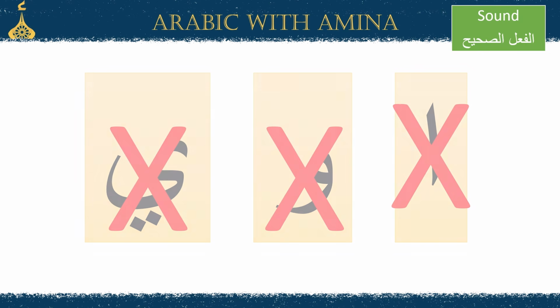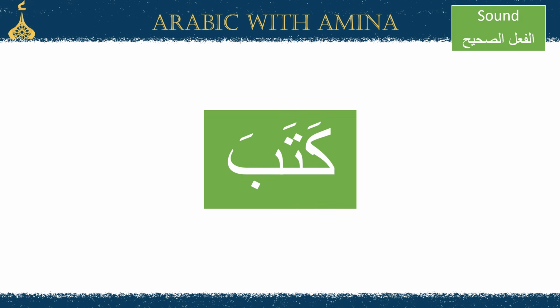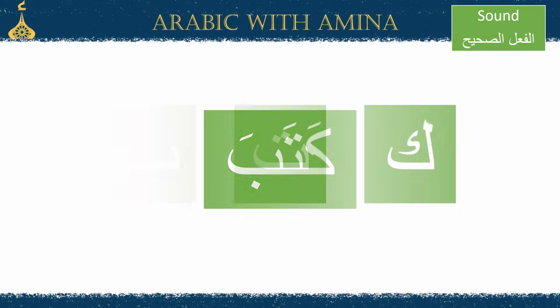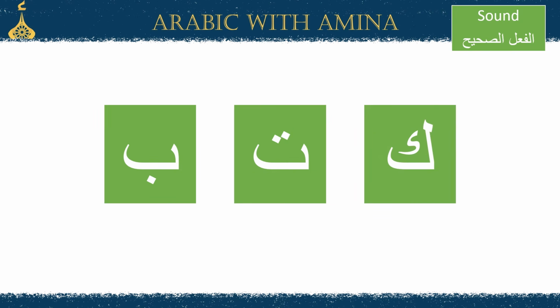An example is the verb كتب, to write. If we dissect the verb and see all of its letters, kaf, ta, ba, none of these letters are weak. There's no alif, no waw, and no ya. So the verb changes minimally and predictably across different forms, tenses, and grammatical cases.